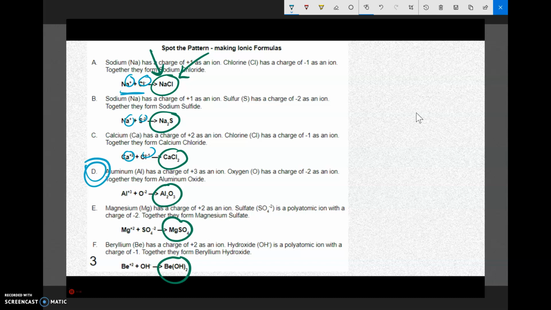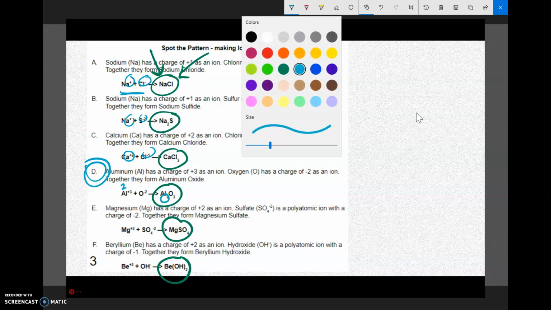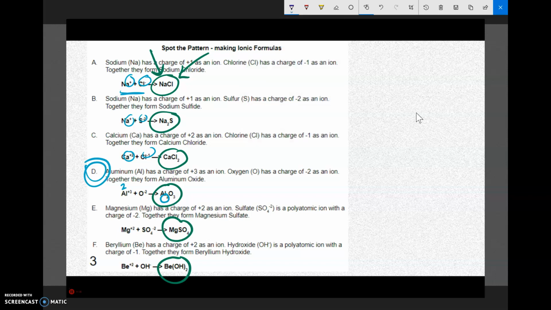So in order to make aluminum have a +6, we have to have 2 of them, which is why we have 2 right here. And in order for the oxygen to have a -6, we have to have 3 of them, which makes 3 times a -2, a -6. So up here we get a +6 and a -6. And we'll talk more about this, but you're making things neutral.